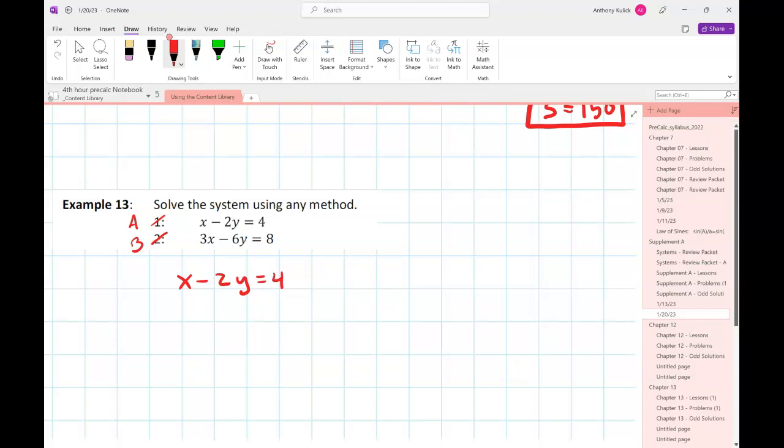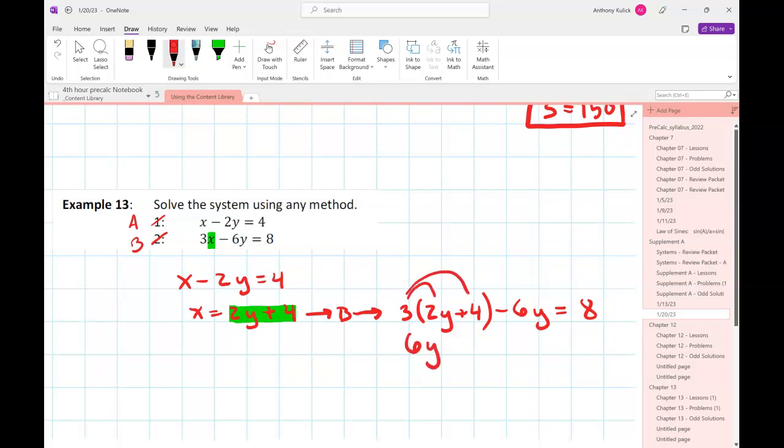So picking equation A, we'll isolate the x by adding 2y to both sides. And then we'll plug that value for x back into equation B. So we have 3 times, and now instead of x, I have 2y plus 4, minus 6y equals 8.